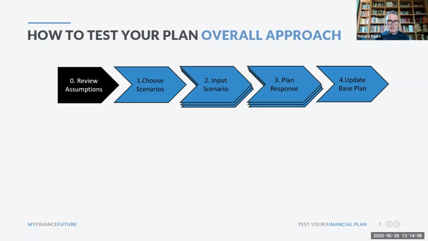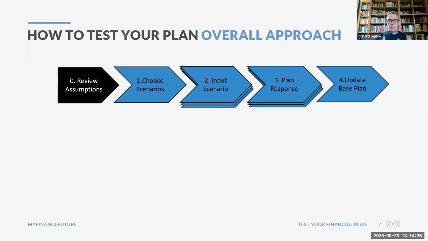Second stage is around choosing scenarios. We wouldn't advocate testing every scenario unless you've got a lot of time and want to cover all your bases, but focus on those ones that have the most potential to derail your plan given your situation. And choose 3 or 4, say, which are the ones you believe you're most worried about, and or through some consideration give the most risk to your plan.